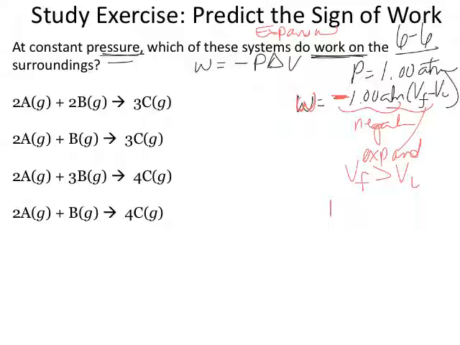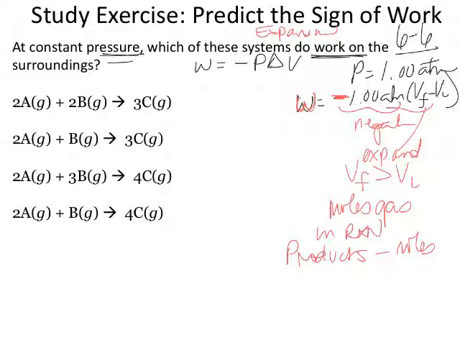And so what you're going to do is look at the moles of gas in a reaction from your products, and you're going to subtract the moles of gas in your reactants. Sometimes I've seen these in exams where one of these in parentheses might be a solid, so don't count it. If it's an aqueous or a liquid, don't count it. Only look at the gas molecules.